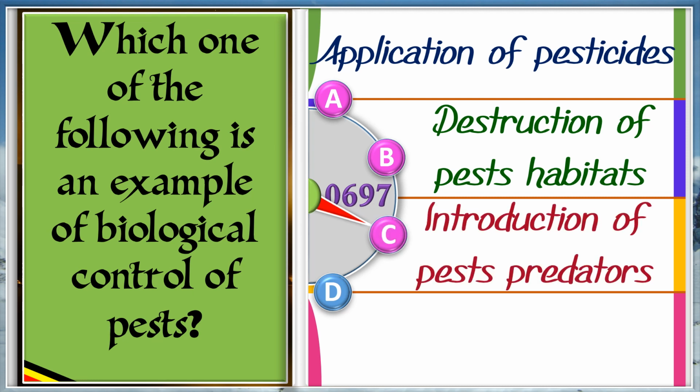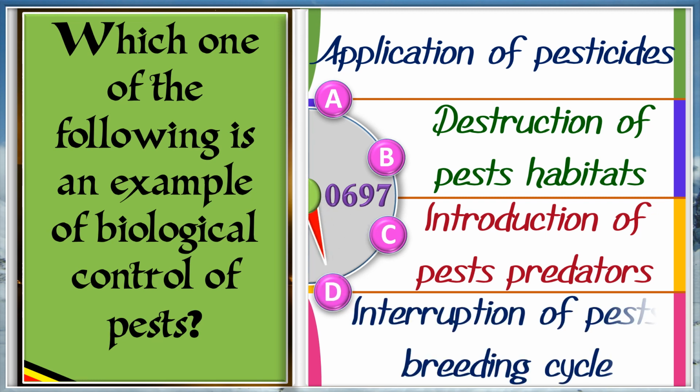C. Introduction of pests' predators. D. Interruption of pests' breeding cycle. And the answer is C. Introduction of pests' predators.